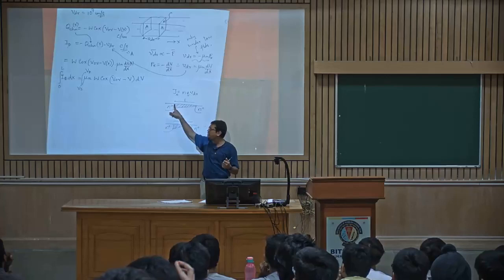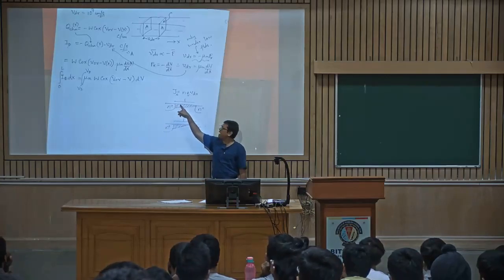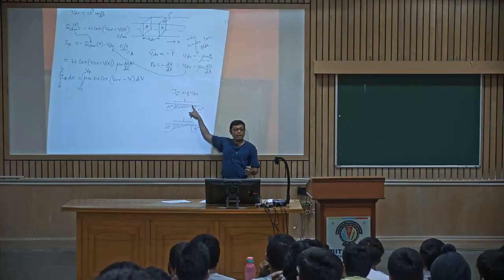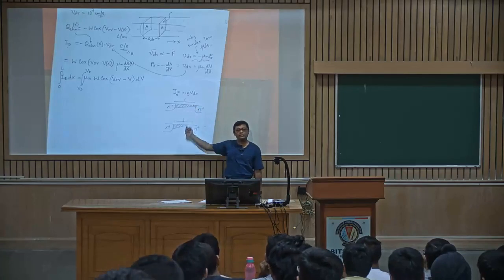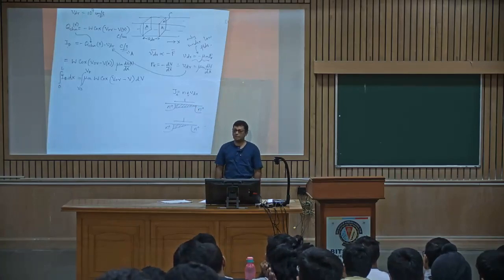Okay. So what is the drift velocity here? Very low, 0, let us say. Then gradually it is getting accelerated because of this VDS. Now if it is getting accelerated inside the channel, okay, then that means the drift velocity is increasing.